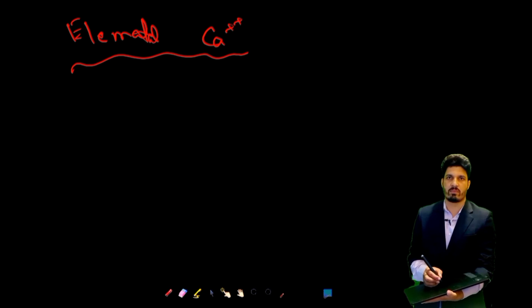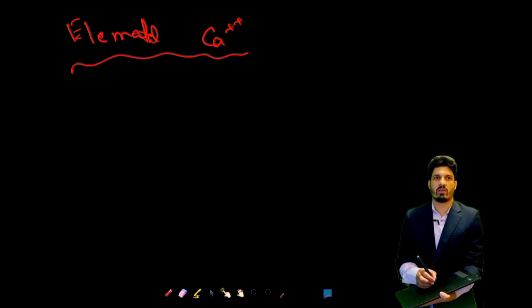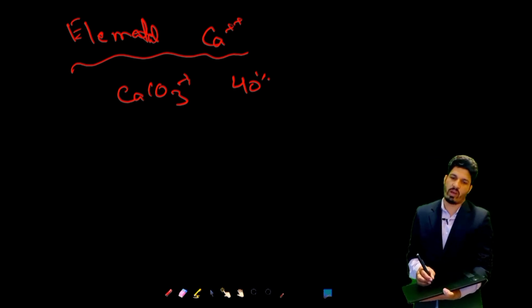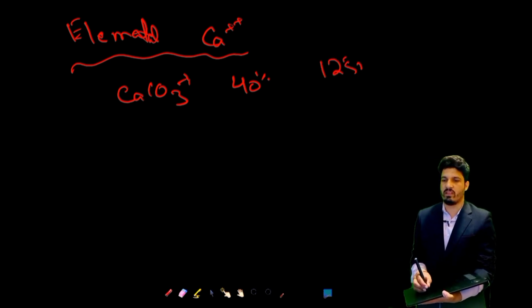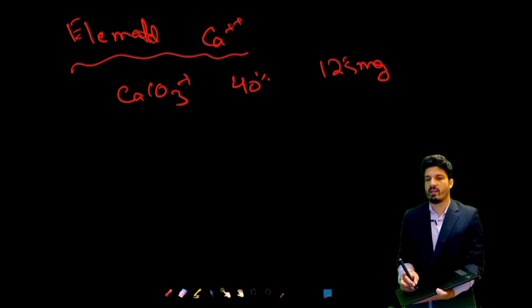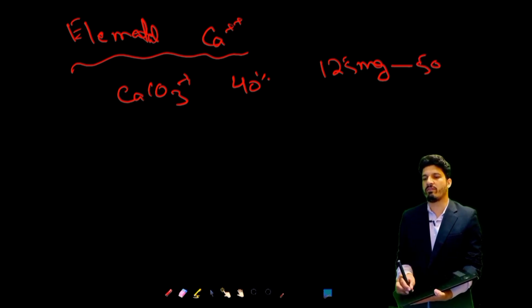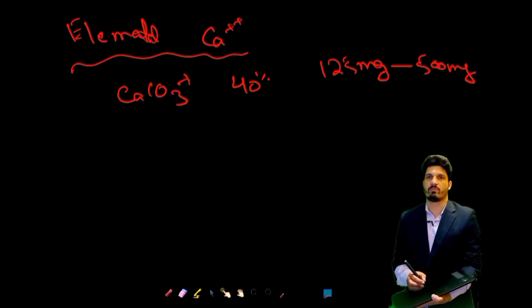It's the actual amount of calcium which is present in the supplements. Suppose in calcium carbonate it's 40%. If you have 1250 milligram, it will only contain 500 milligram of calcium. In case of Calsan it's the same.